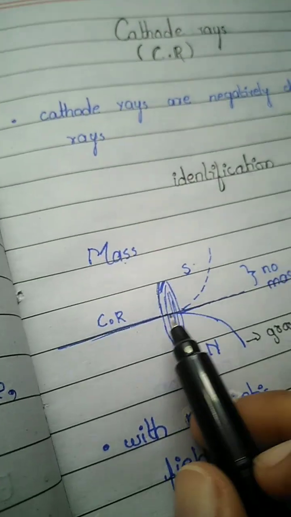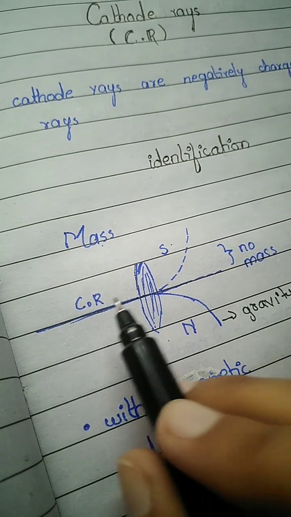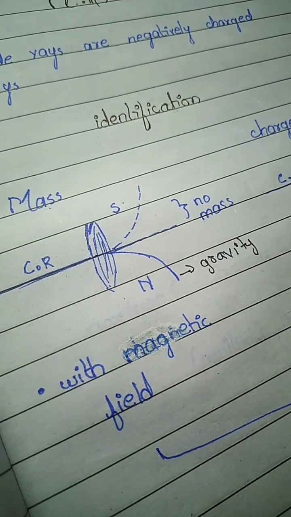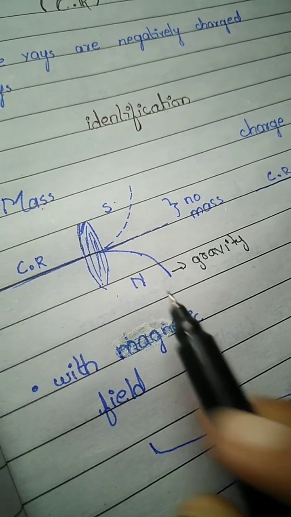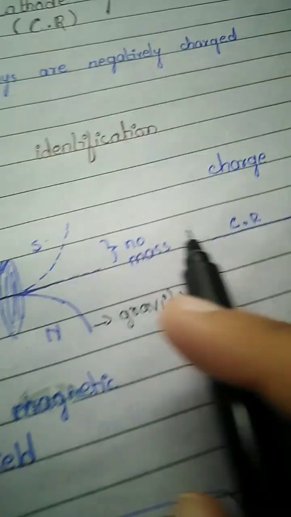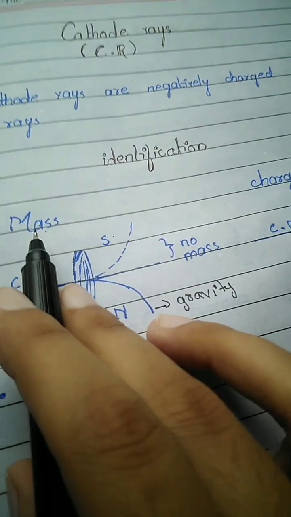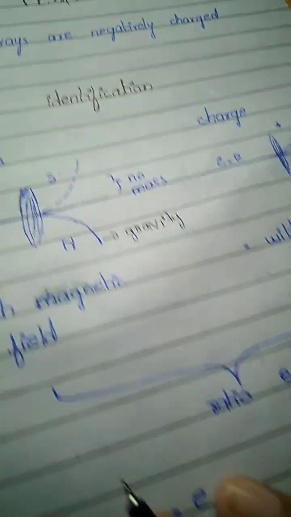And same here, if it passes straight or goes to the south pole, we just say that it does not have any mass. So as it falls down and it goes up, it identifies that these particles, cathode rays, have the mass and the charge.